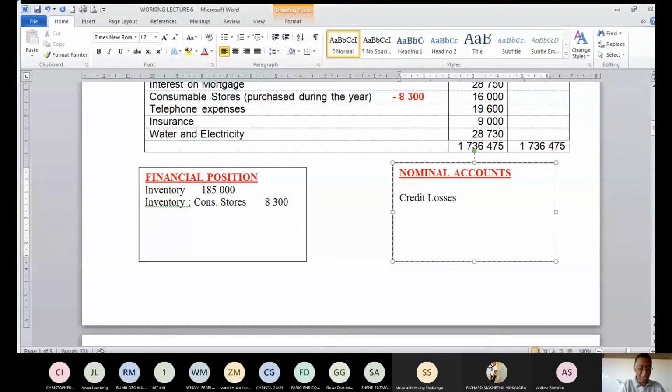Our credit losses is therefore the amount of 1,200 Rand, because your credit losses has increased and your allowance for credit losses has also increased, and the expense for the business is then the amount of 1,200 Rand.